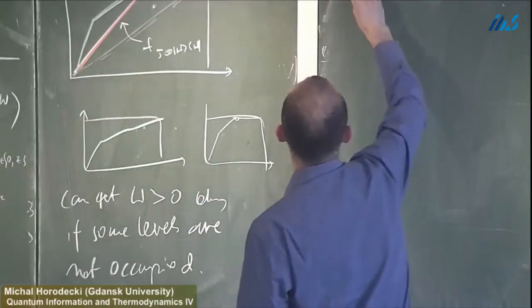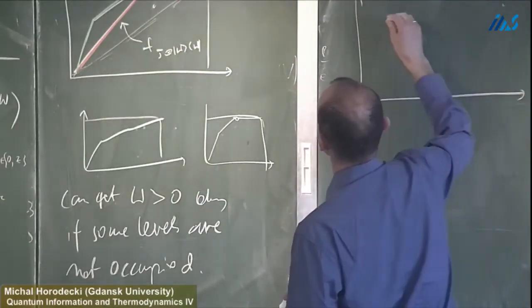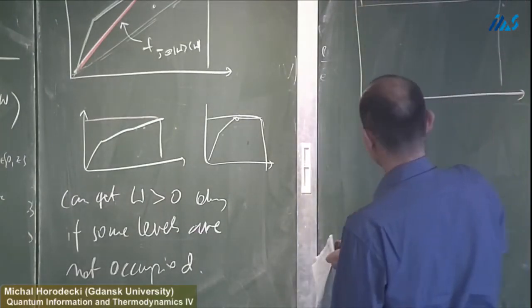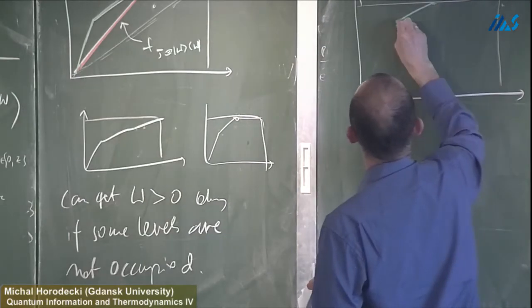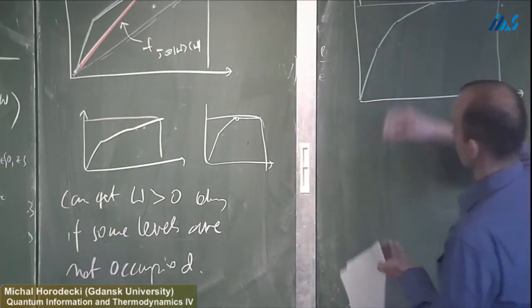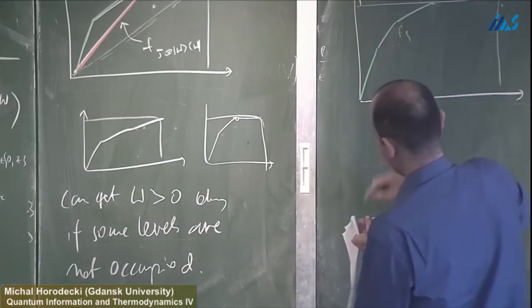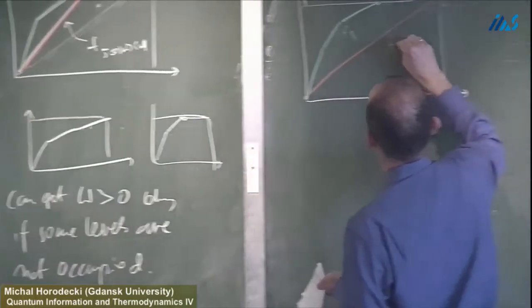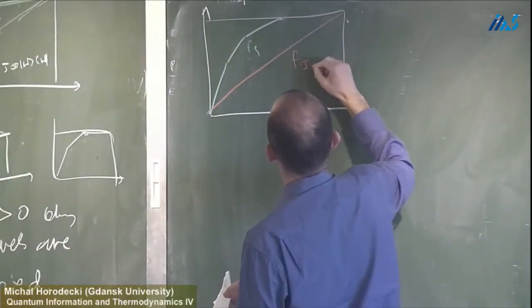Okay, so let me take some rho that has some originally empty levels. That's my F rho. Then I have here F tau.